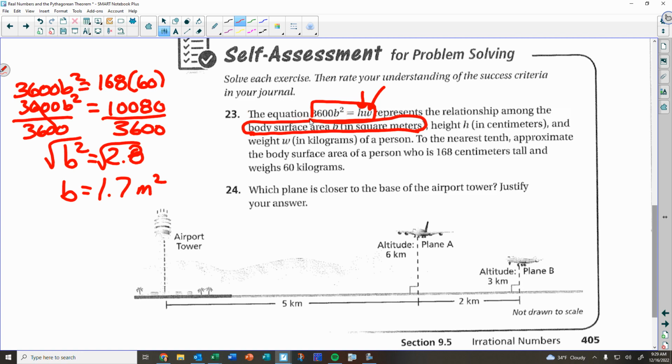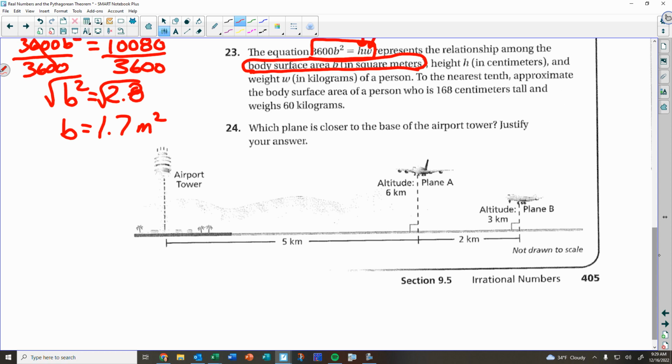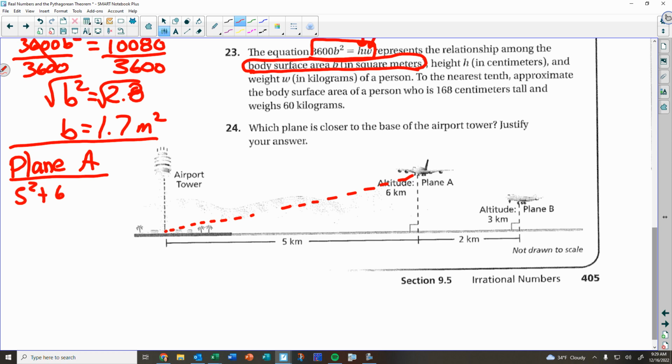Now, 24, if you noticed, it says how far is plane A away from the airport tower? What is that? The right triangle. For plane A, we can figure out how far it is away by using the Pythagorean theorem. 5 squared plus 6 squared equals c squared.